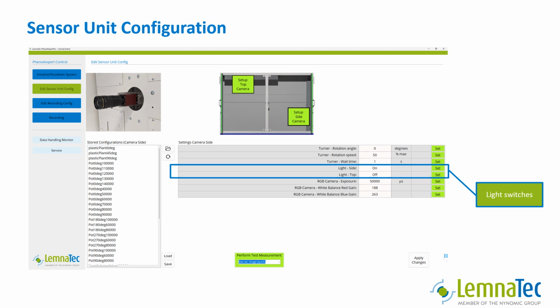With the light switches, you can switch on and off the light panels in the PhenoAIxpert Pro. As default, the light in the same direction as the camera is switched on and the other is off. So if you choose the side direction camera, also the side direction light is on.